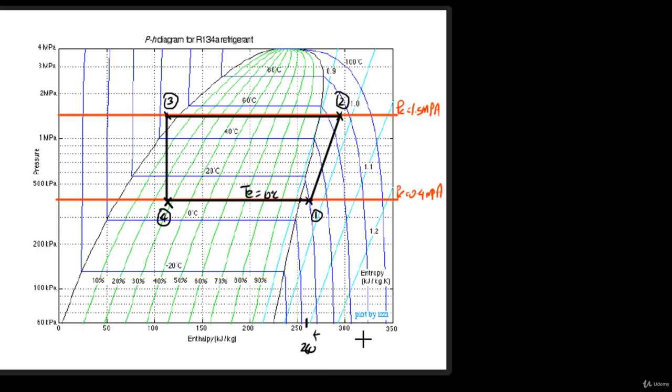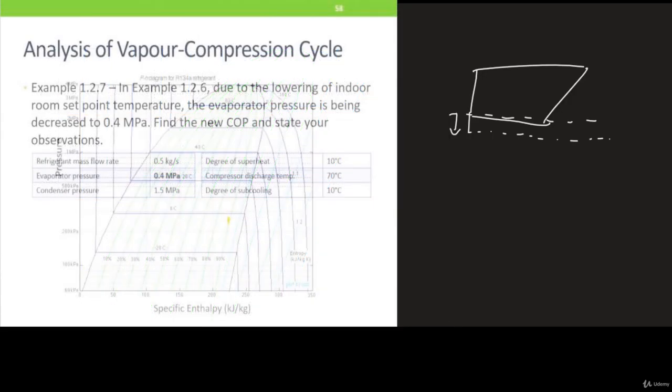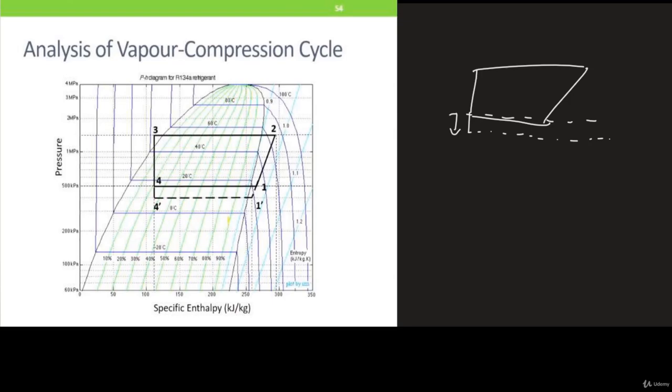But there's a very huge effect. We will see. So please complete the diagram on slide 54. The one in bold is the original pH diagram, which is having 500 kPa. The dotted one is 400 kPa, that means shifted downwards. The whole line shifted downwards. So what is the effect?